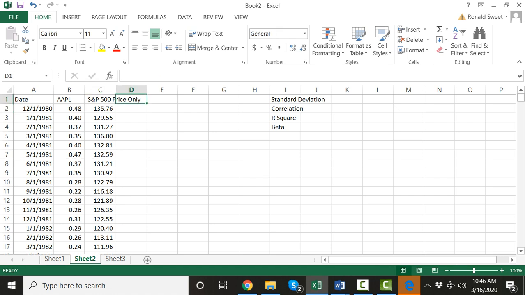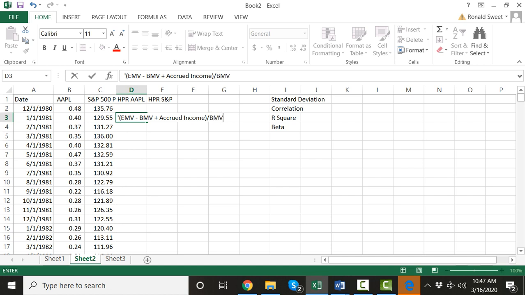So what we want to do is do the holding period return for Apple, and we want to do a holding period return for the S&P. So the holding period return, remember, is ending market value minus beginning market value plus accrued income, divided by beginning market value.